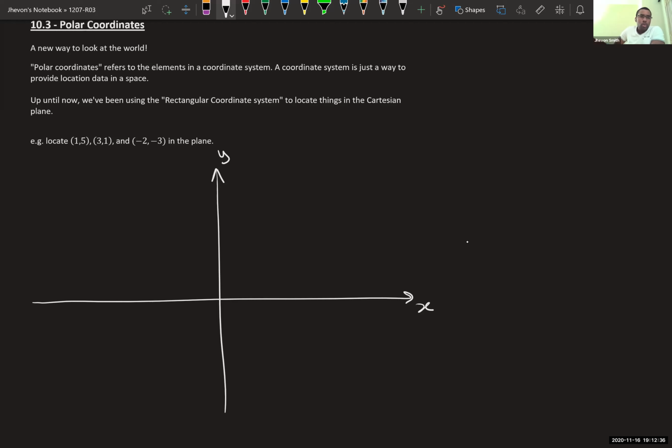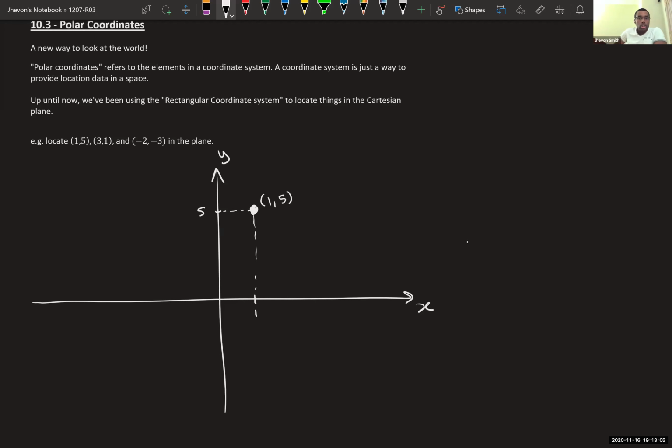So for example, if I wanted to locate the point 1, 5 and the point 3, 1 and the point -2, -3, I would locate this by, well, 1, 5 just means I move 1 unit along the X, 5 units along the Y. Notice that a rectangle is created where the point that is opposite the origin at the corner of that rectangle is the location.